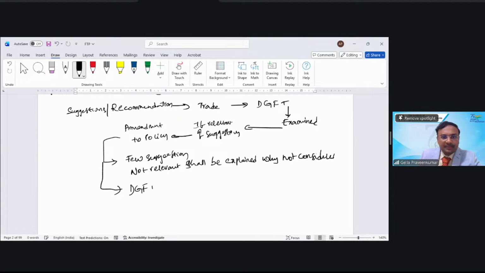DGFT may abstain from justifying suggestions not accepted.